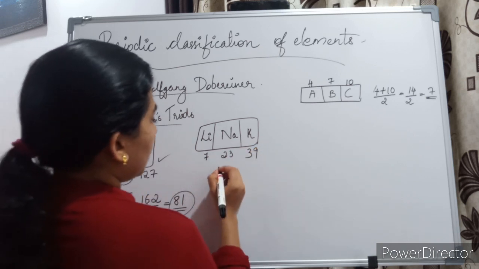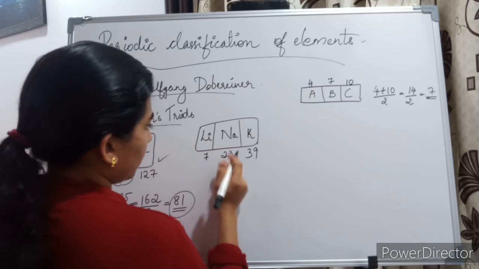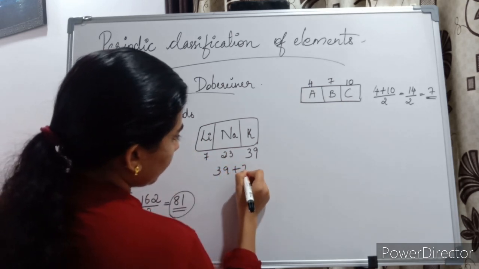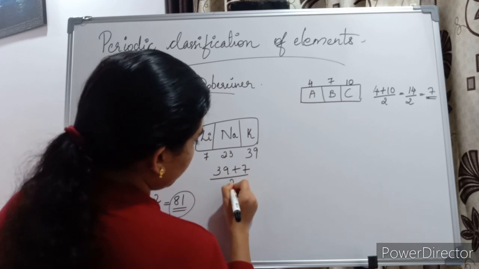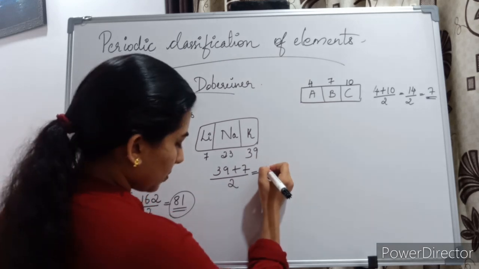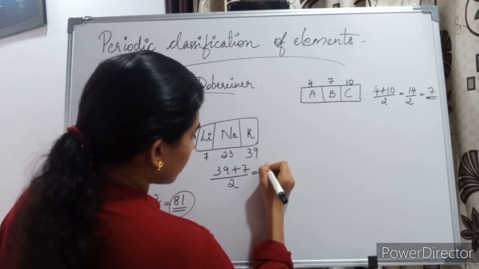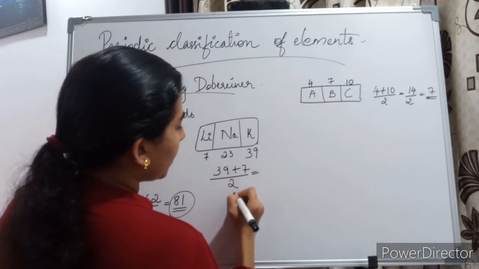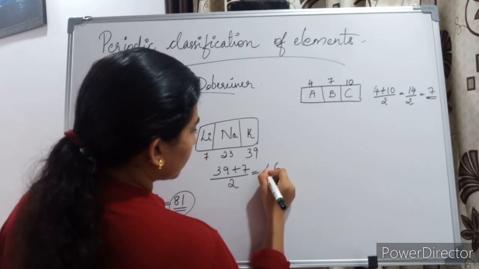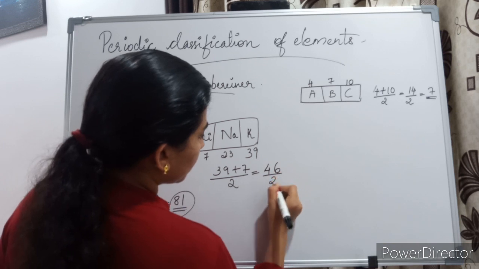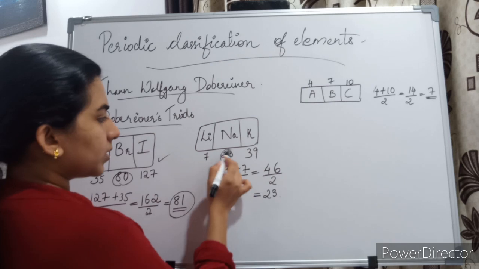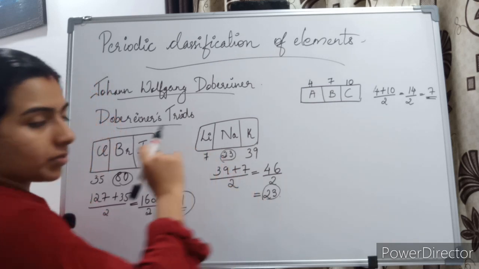Now applying Dobereiner's law, 39 plus 7 by 2 is equal to 23. This is the mass number of sodium.